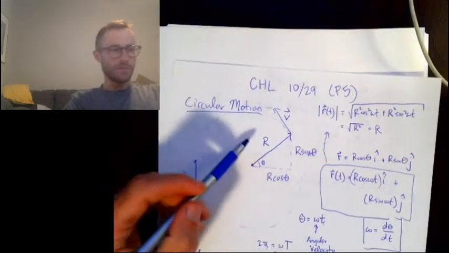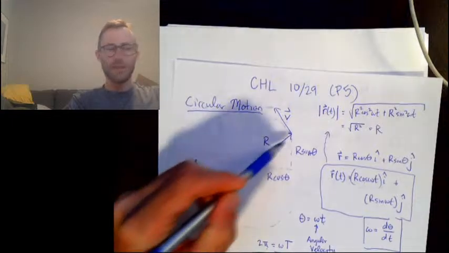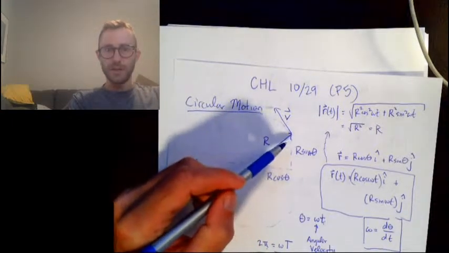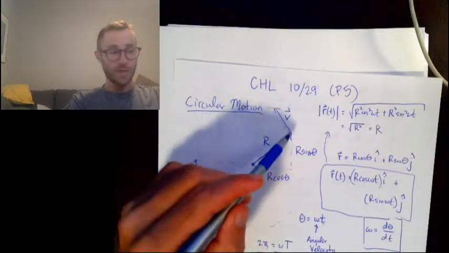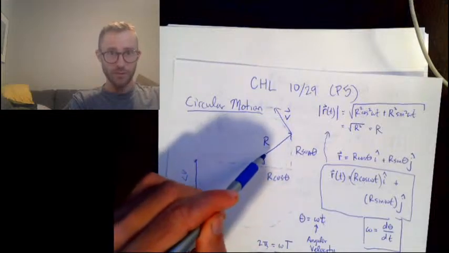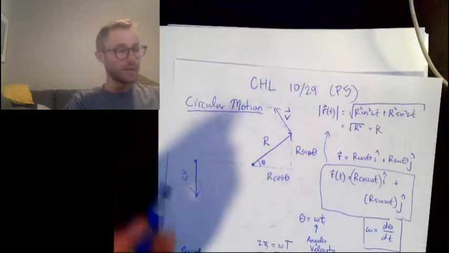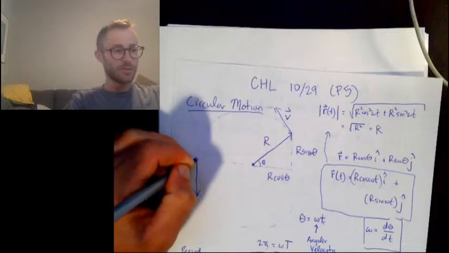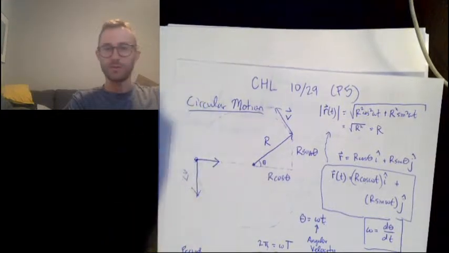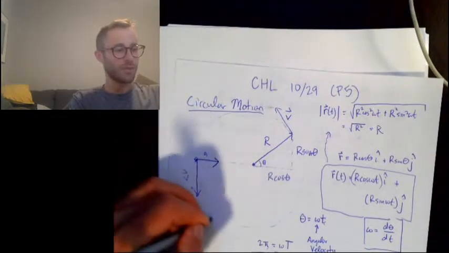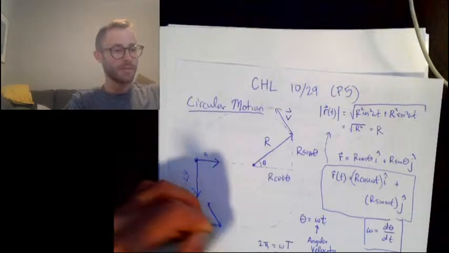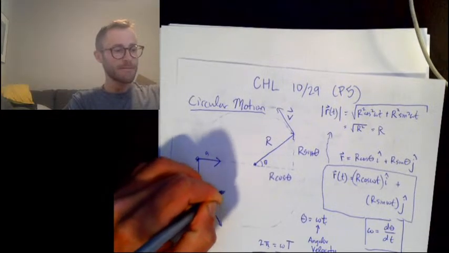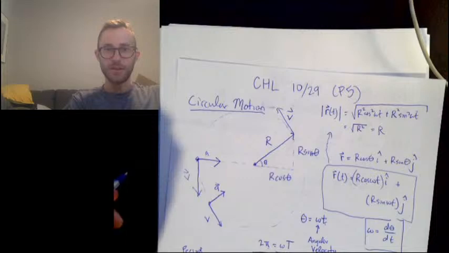Now let's think about that. The R vector points from the center of the circle to the edge. So that means the acceleration points from the edge of the circle back towards the center. One of the things I taught you last year was that the centripetal acceleration always points towards the center of the circle, no matter where you are. So this is proof of that.